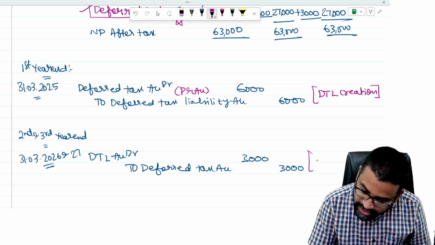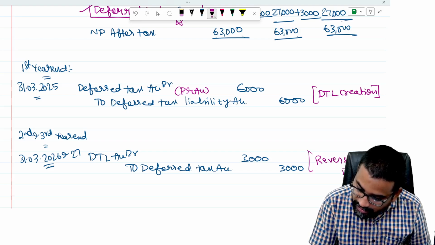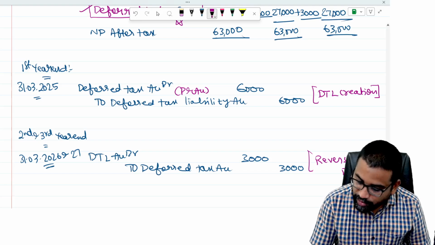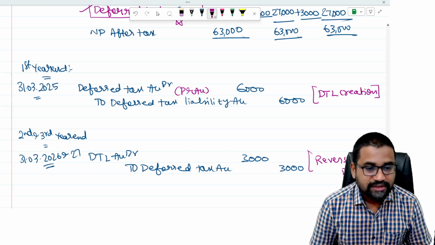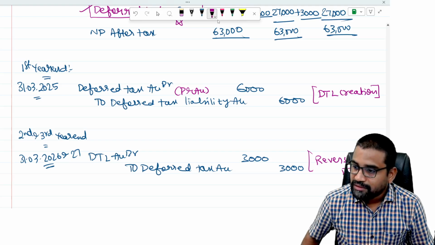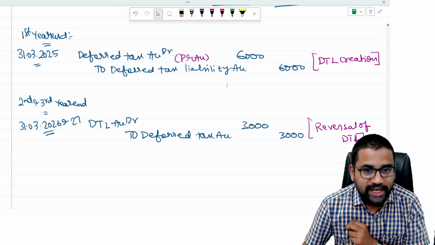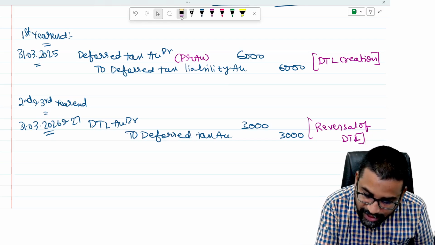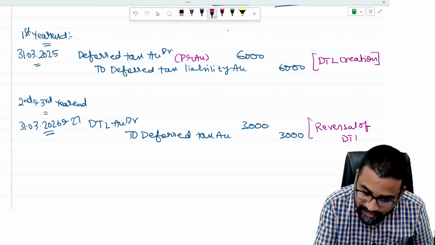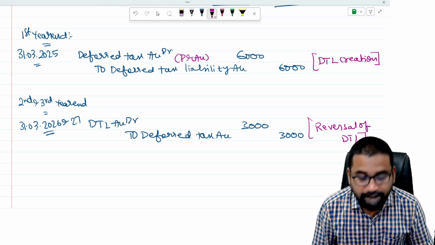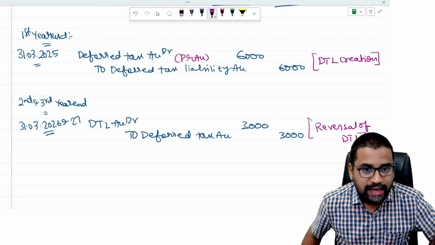Now next year's reversal of DTL. Whatever deferred tax liability we booked, sir, we just reversed it. So first year there is a DTL creation. Deferred tax liability we created. Second year what happened? We reversed it. Third year another balance reversed.